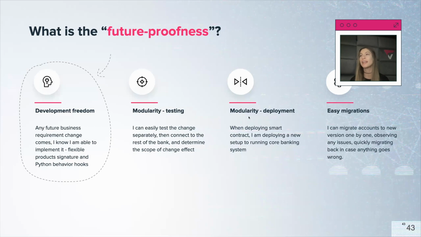If something goes wrong, it will notify me, and I can automatically migrate the accounts back to the older version, so I can quickly fix the bug without interrupting production and going offline for a week. So that's also really nice. And all these benefits that I see here are for me the part of how I think my banking products will be future-proof.